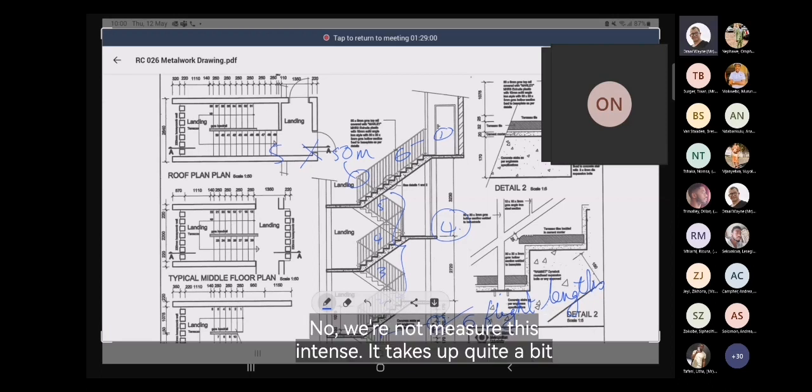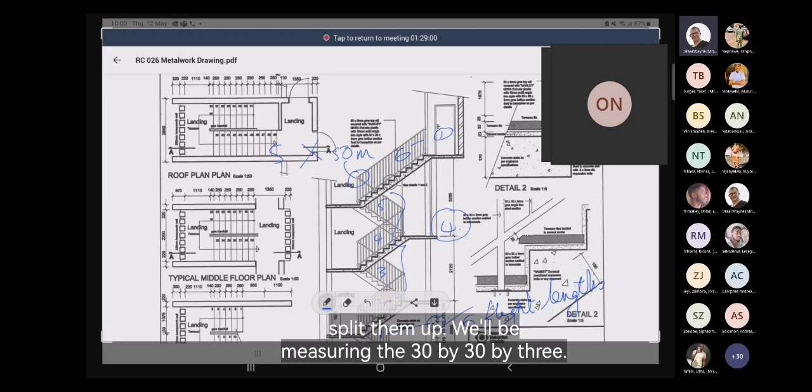When I measure this in tons, it takes up quite a bit of your time, because we will now have to split each and every one of these sections, measuring each one of these as we go along. We will now split them up.